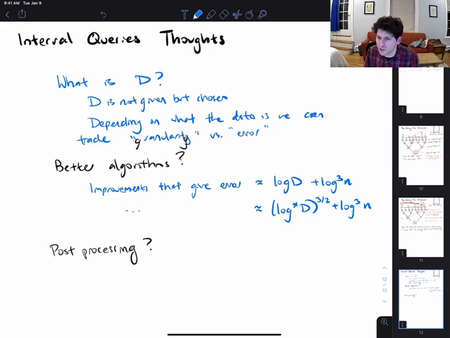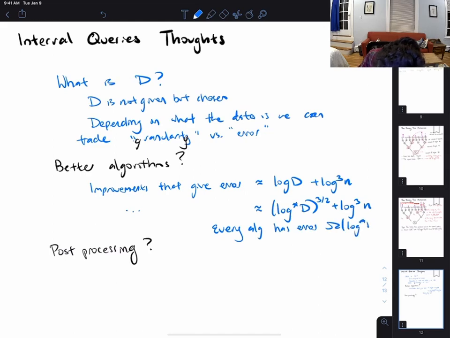And you might say, look, surely at this point we should just be able to get error that doesn't depend on d at all, but that's not true. Every algorithm that's private has error kind of proportional to this log star. So in particular, and this is a very surprising fact, there's no algorithm that just works for all reals.